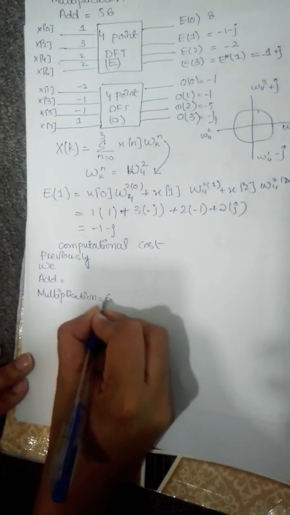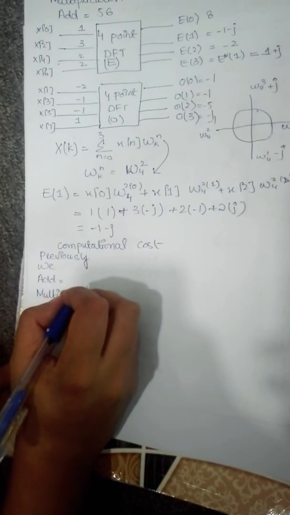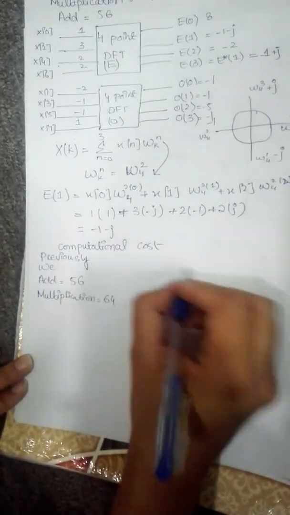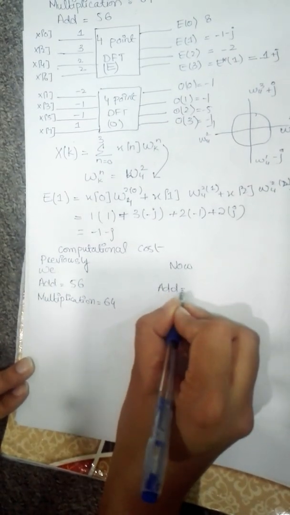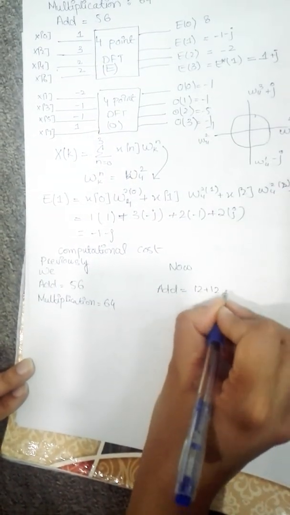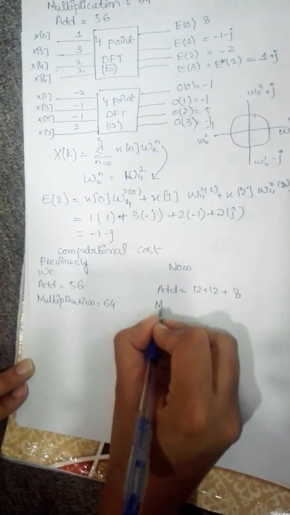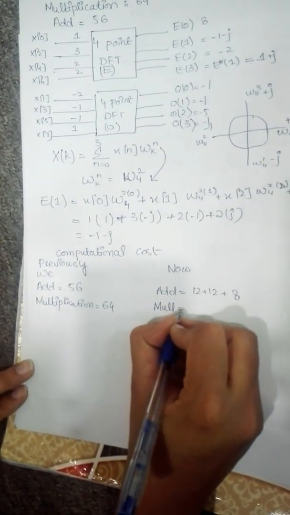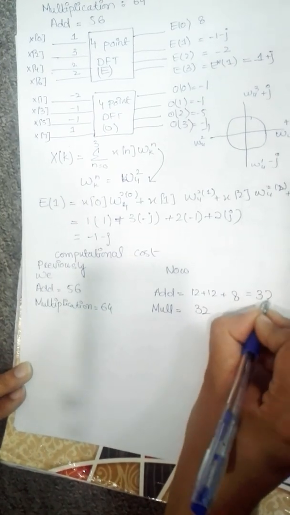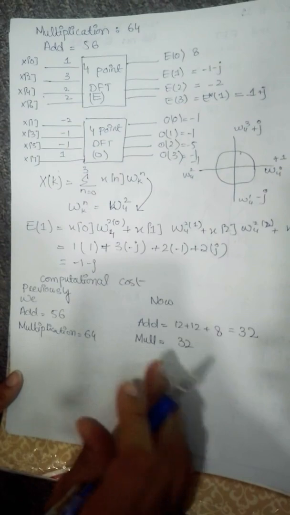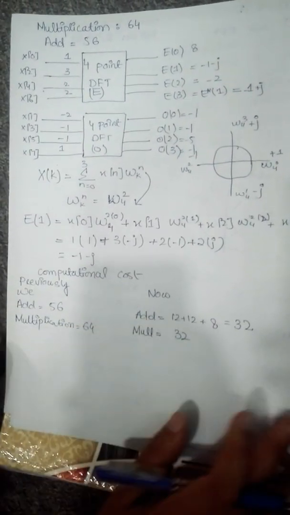Multiplications were 64 and additions were 56. And now we will require a number of additions that are 12 plus 12 plus 8, and multiplications are reduced to 32. You see that the computational cost is almost half of the above sequence.